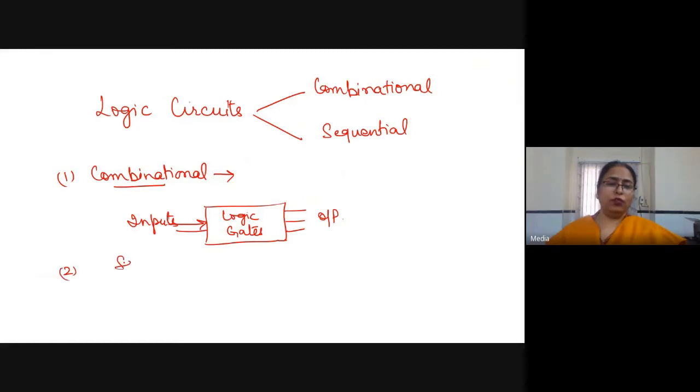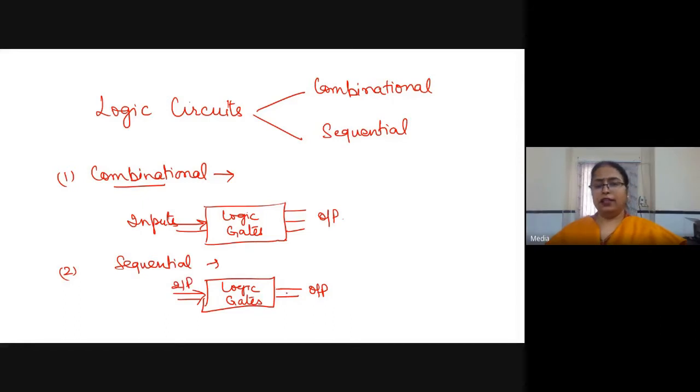Whereas in sequential circuits, the circuit uses logic gates, you get the output by applying the input, and the output is fed back to the input.